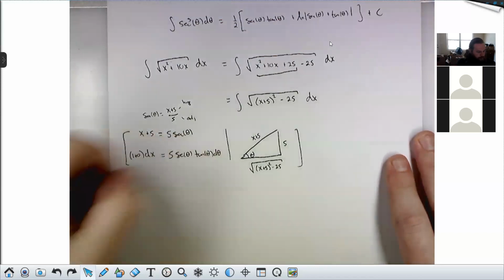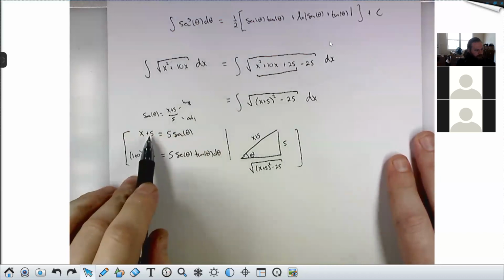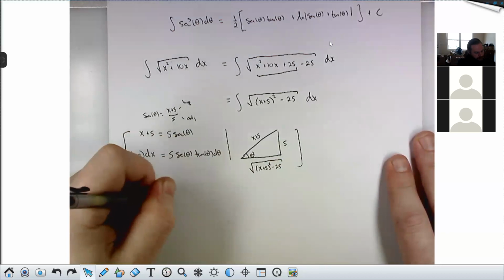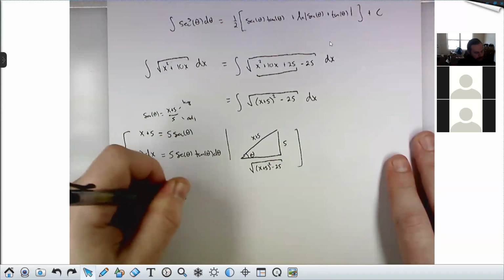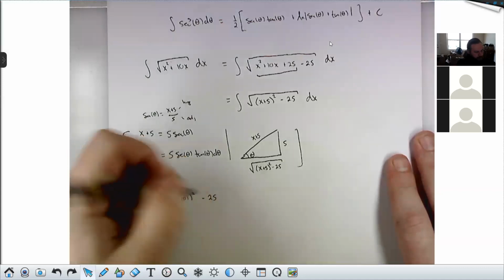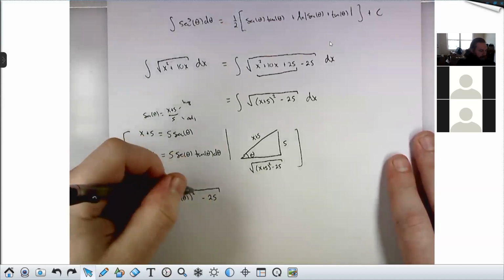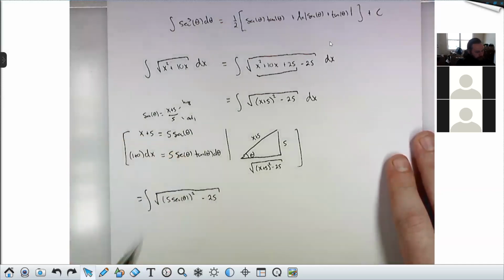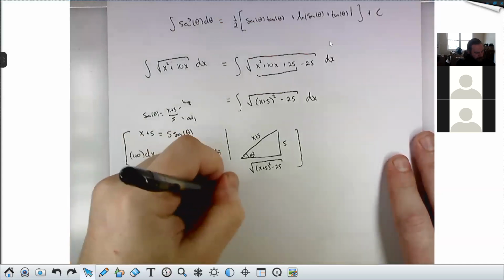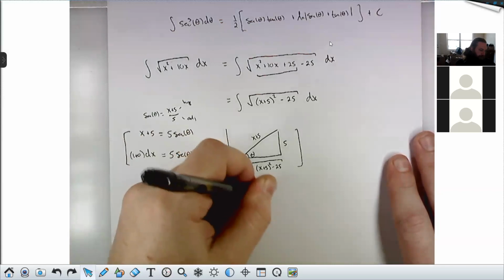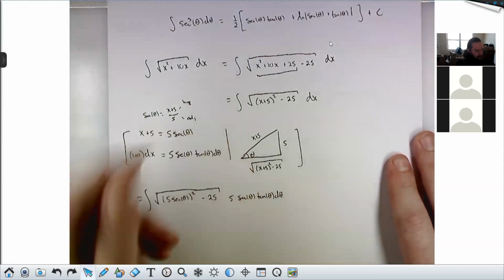And then my integral would become, I'll do it over here. If x plus 5 is 5 secant theta, then x plus 5 squared is 5 secant theta squared. Then we've got the minus 25. Yeah, these can be a little bit worse. And then here we'll have 5 secant theta tangent theta d theta.